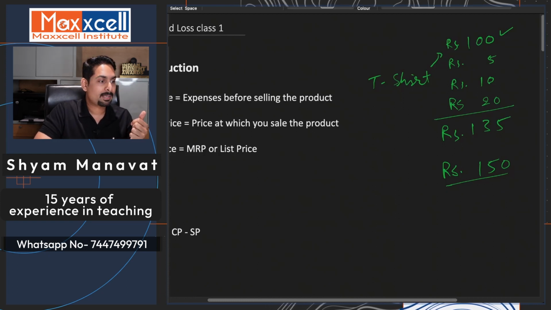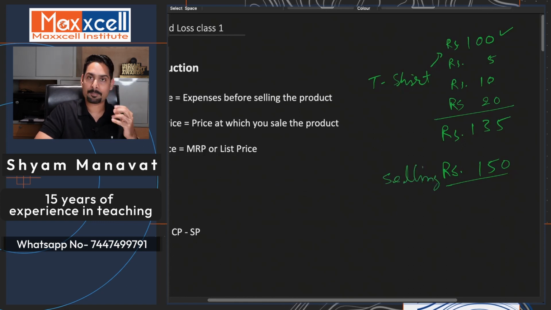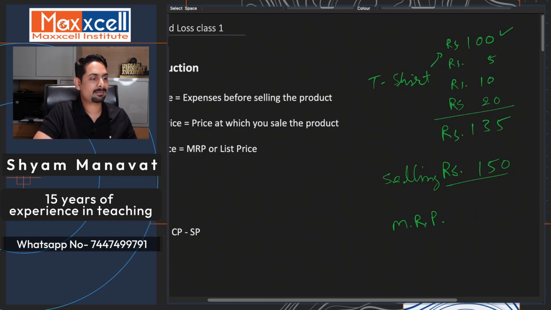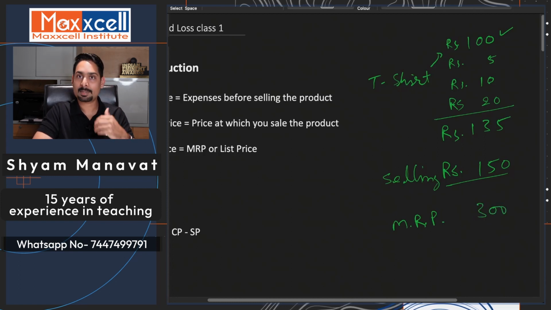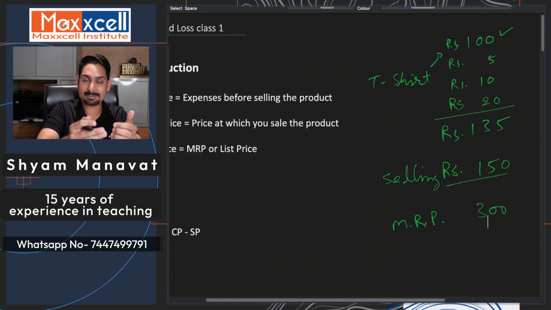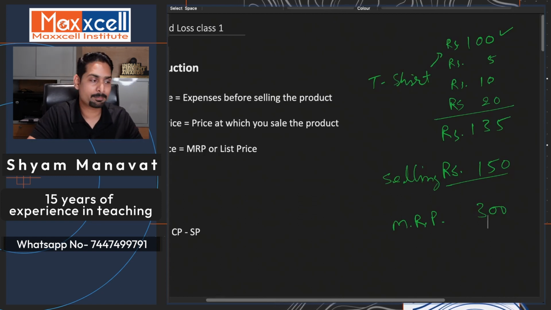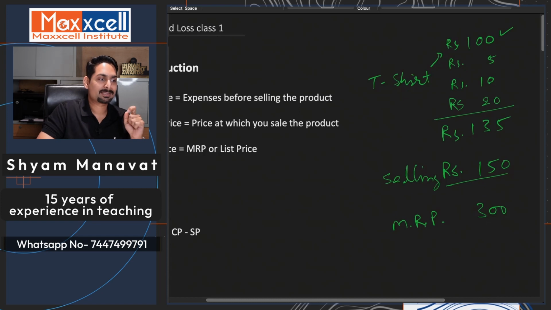So before selling the product, you say, hey Mr. Customer, actually this t-shirt is of 300 rupees. But because you are my special customer, you are my 101st customer, I am going to give this t-shirt to you at 150 rupees.